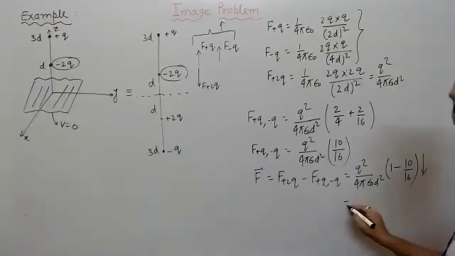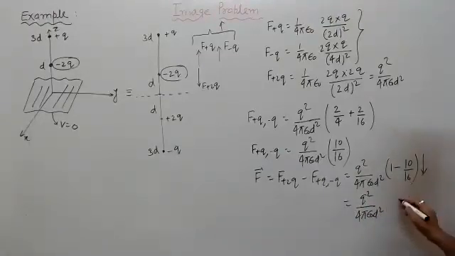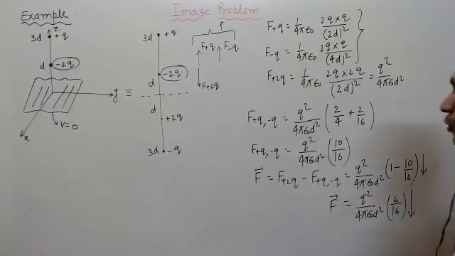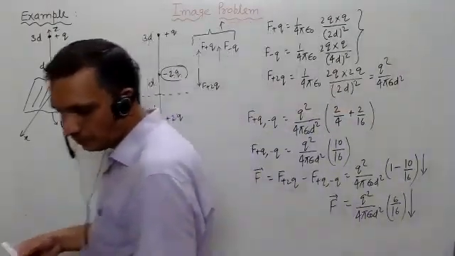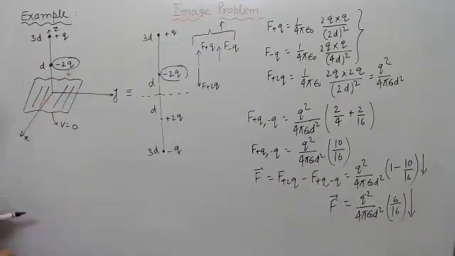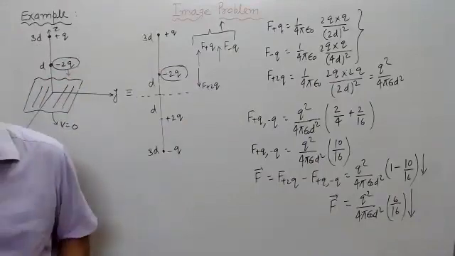Force is downward. And 16 minus 10 is 6 by 16. This is the resultant force, and this force will be downward. So again, in this case, this force is attracted towards the conductor. Is it clear?